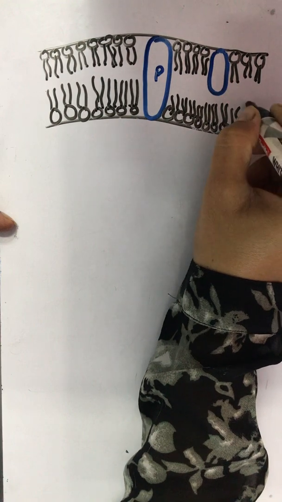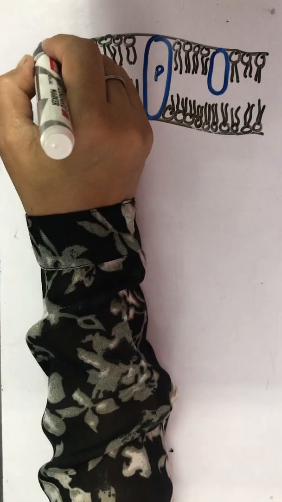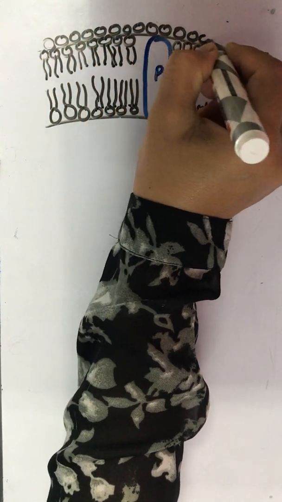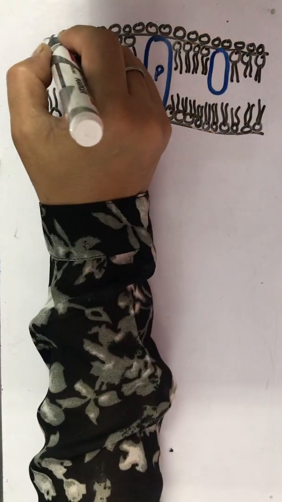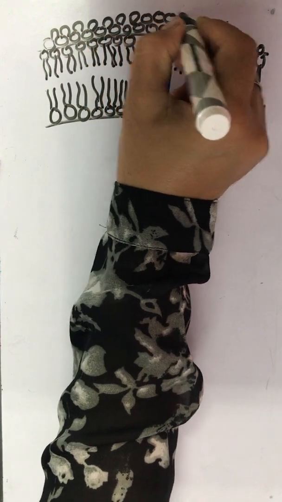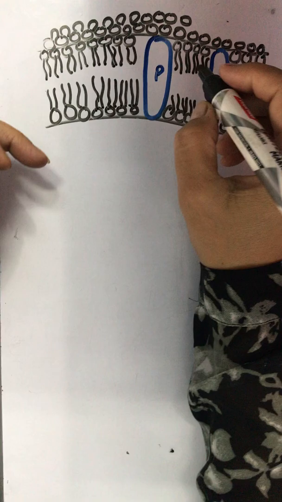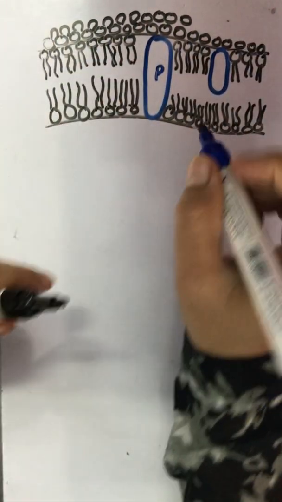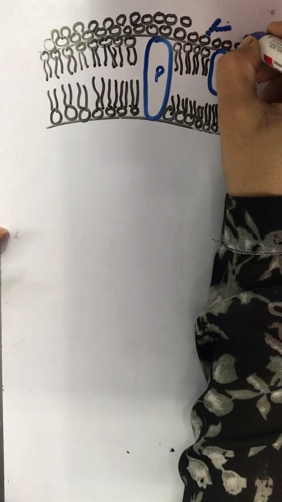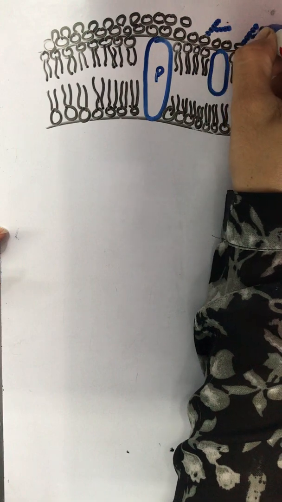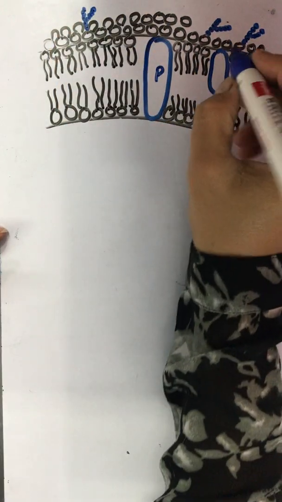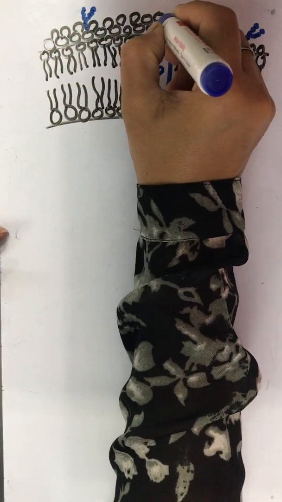If we try to show the three-dimensional structure, we will show so many heads of the lipid membrane onto the upper side. This shows the arrangement of the lipid bilayer, and over here small chains of carbohydrates. This is a carbohydrate chain.